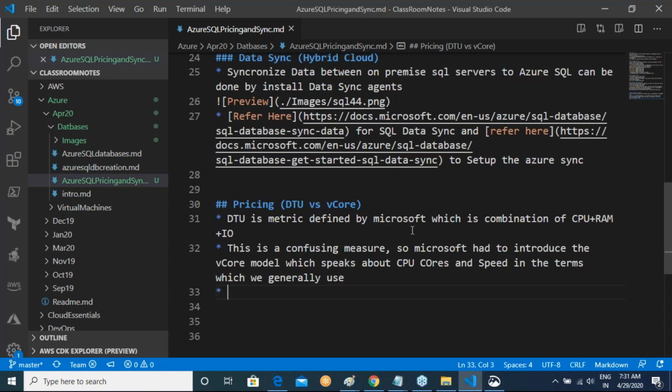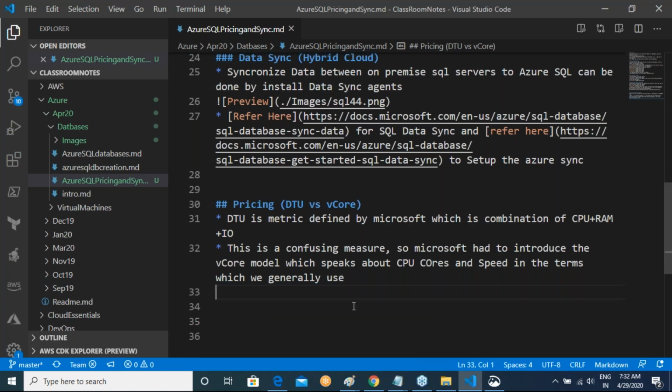And now there is one more thing which we need to worry about. What should I use? DTUs for normal workloads, or let me put it in this way, what should we use?